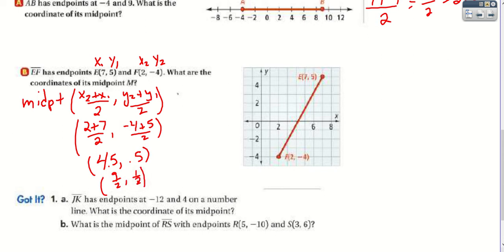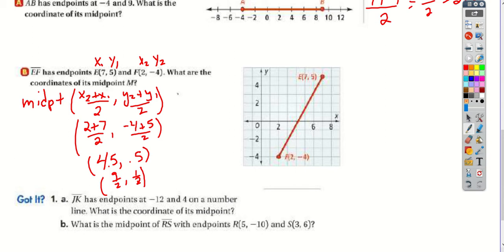But the other option is to actually use the rise and the run. So if I wanted to go up, I would go up 9 units, and then over to the right, from 2 to 7, so over 5, and then I'm going to move half of that amount.